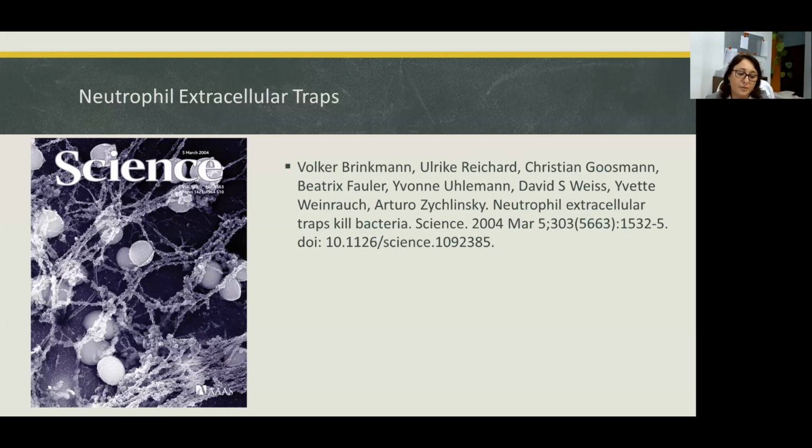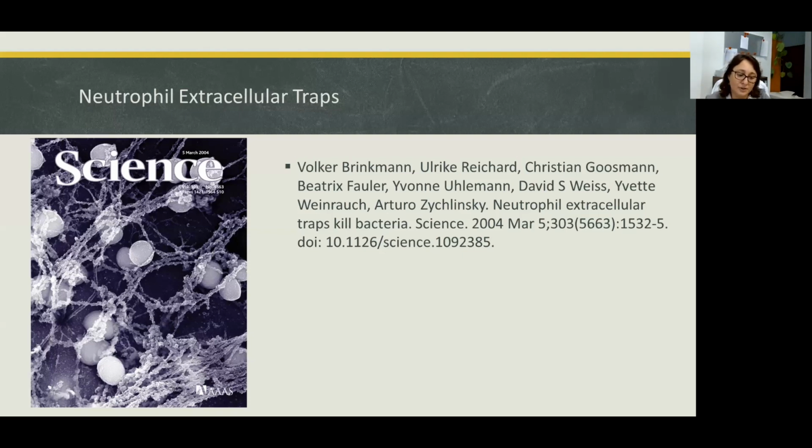The team from the Max Planck Institute showed that neutrophils can release threads of DNA which are decorated with bactericidal proteins from cell granules, from inside the cell. These threads were named extracellular traps because they were able to entrap and immobilize bacteria, the pathogens. These fibers were found to be released upon cell activation with either gram-positive or gram-negative bacteria.